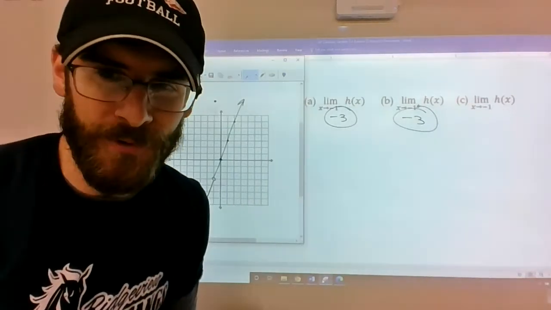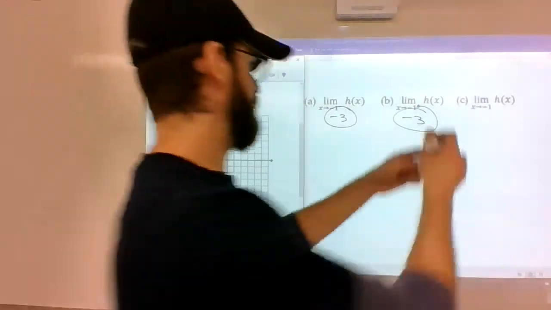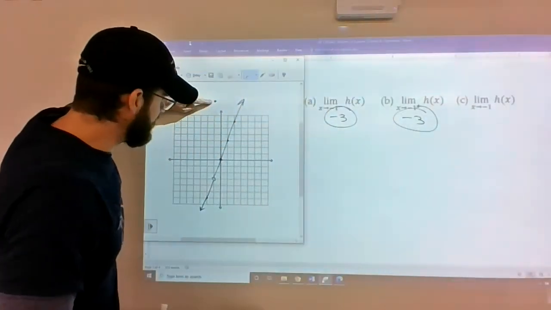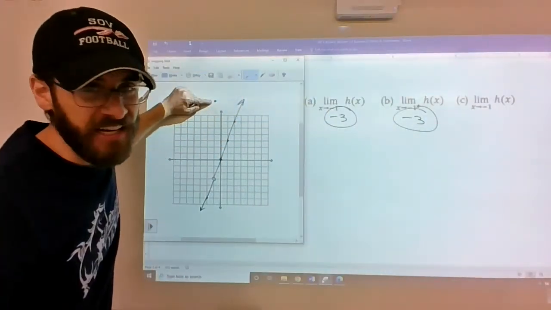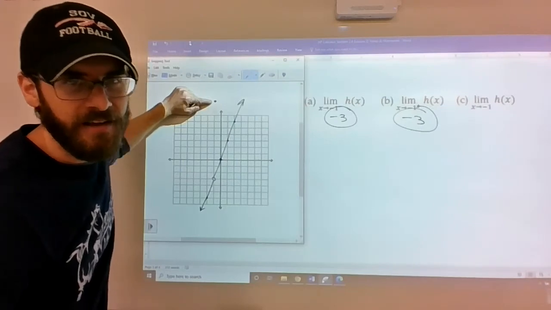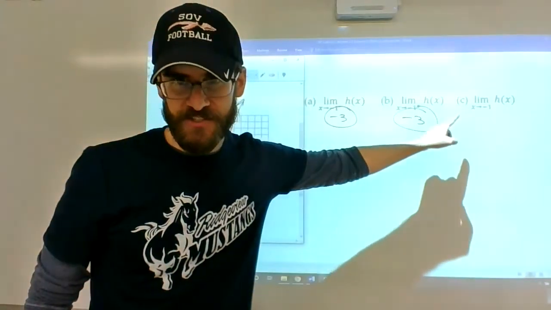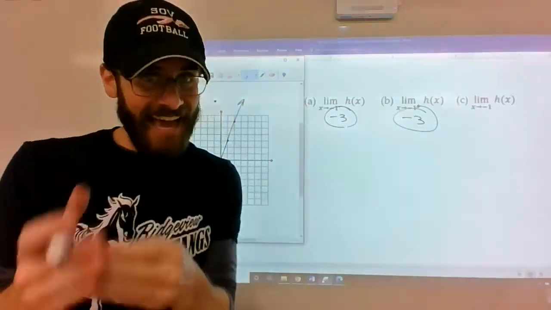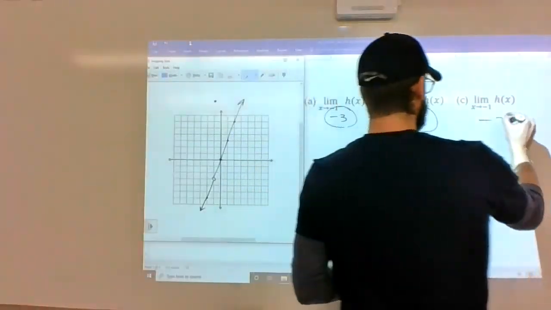Now, so many people want to say that the limit as x approaches negative 1 is 9 just because the limit only exists if the left matches the right. And that is what the limit is.